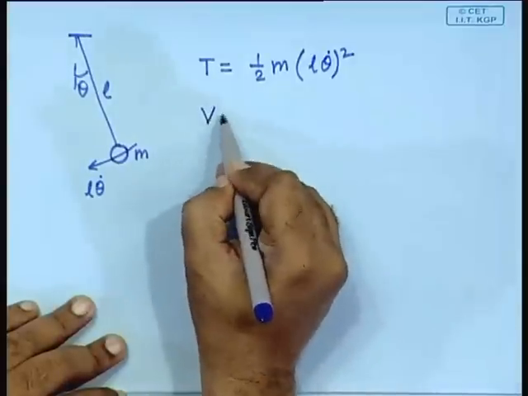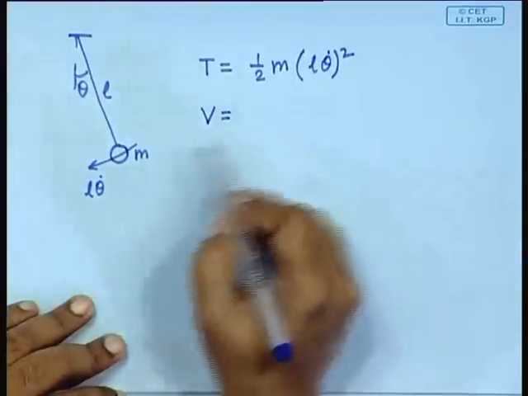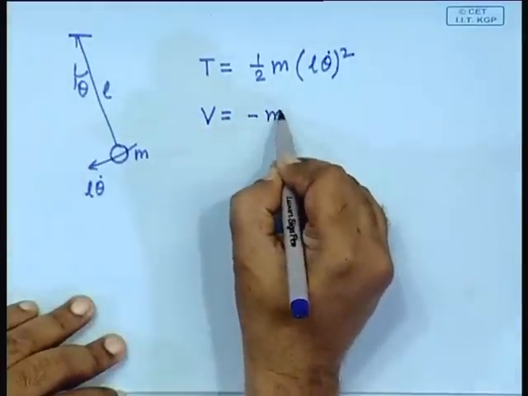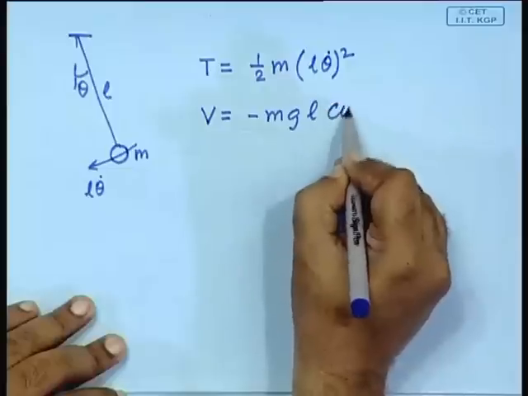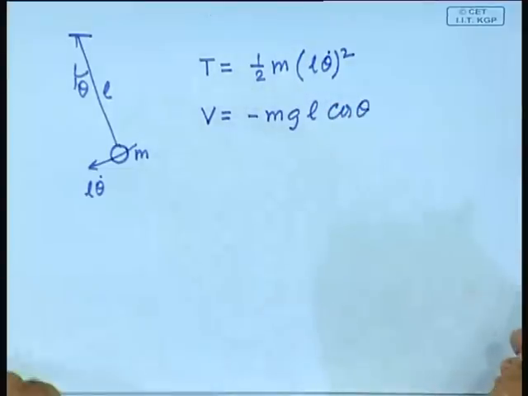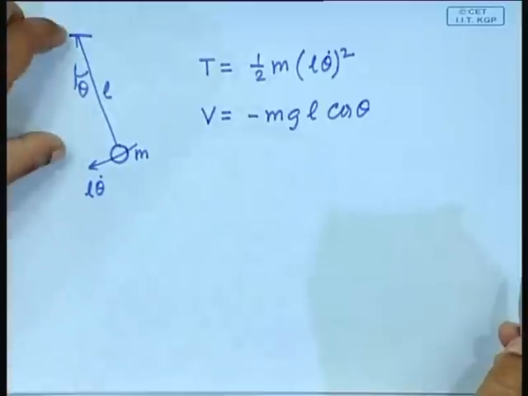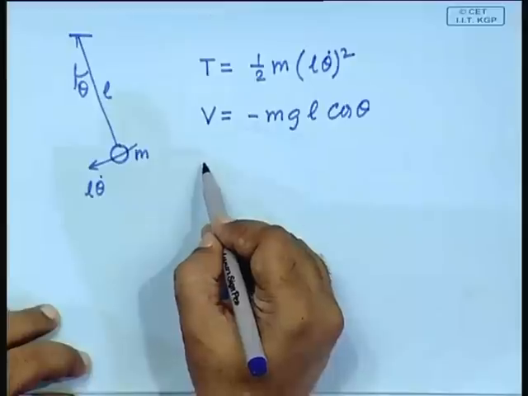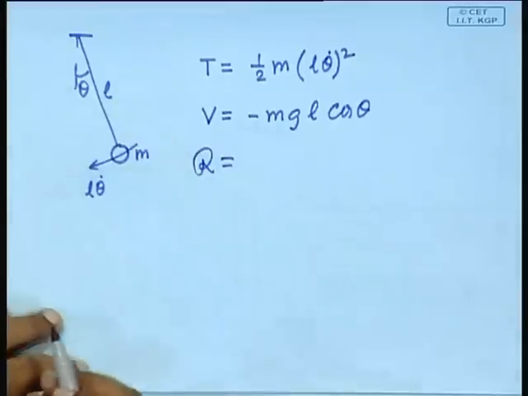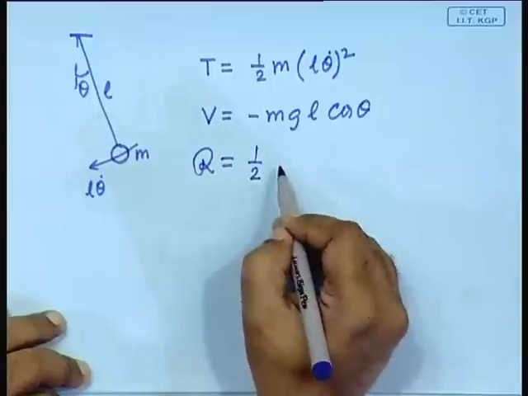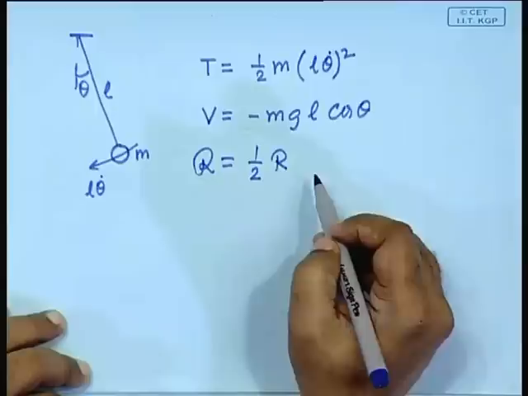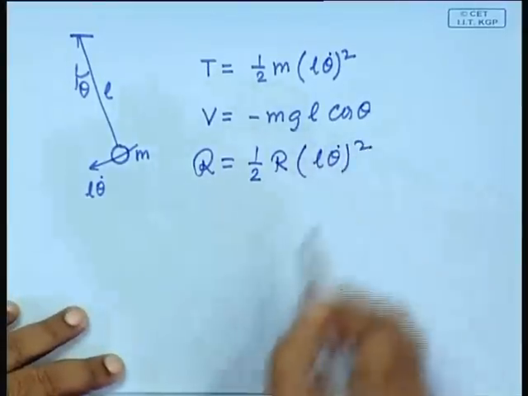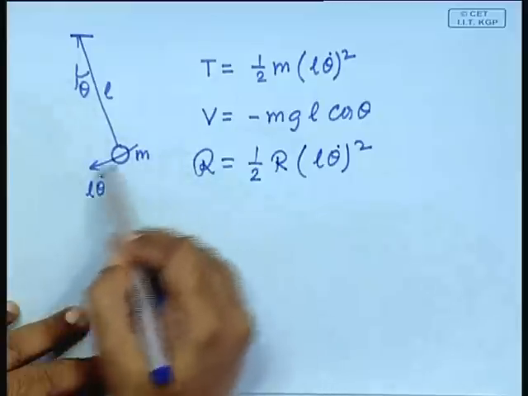The potential energy, from this point, how much has it gone up? So, it is minus m g L cos theta. Then your friction term will be half r L theta dot square, where r is the air friction.